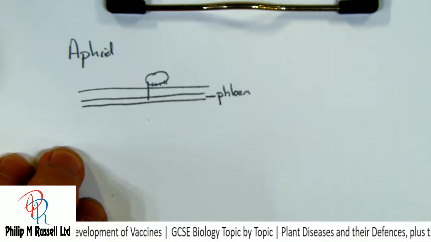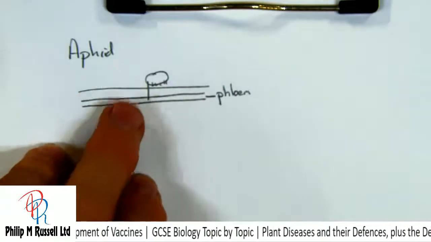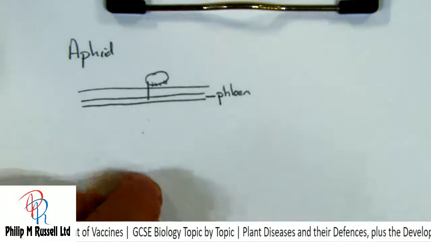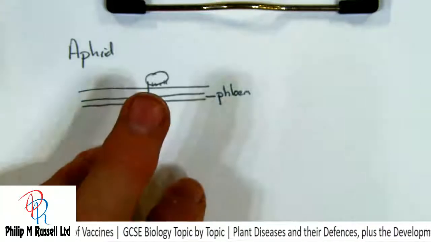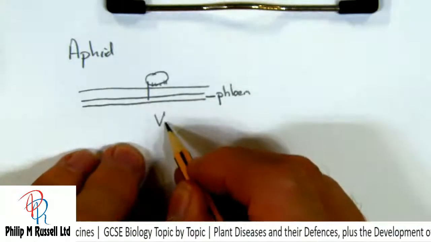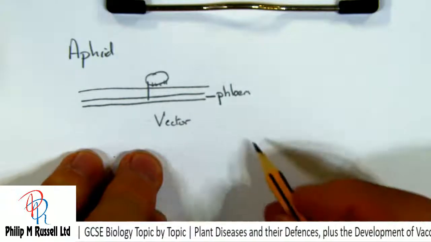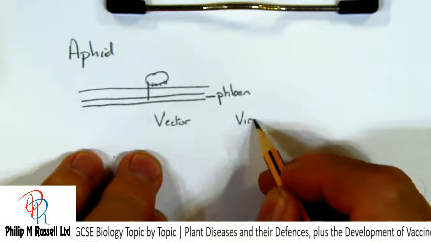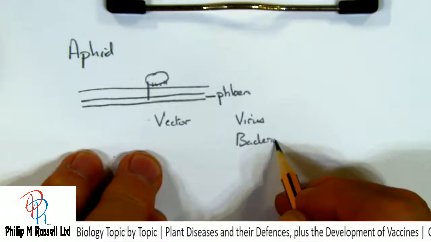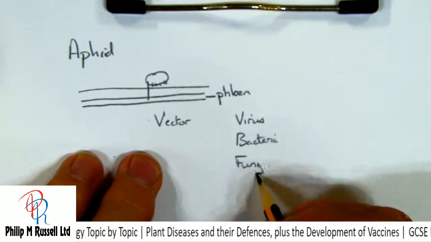Now, of course, if they're doing that, they're going to basically deprive the plant cells of some of these photosynthetic products. But these aphids can also act as a vector, a means of carrying something, and they can introduce a virus, some sort of bacteria, or some fungi in there.